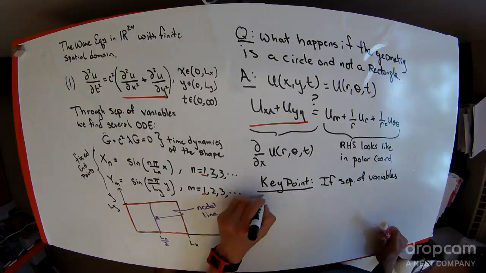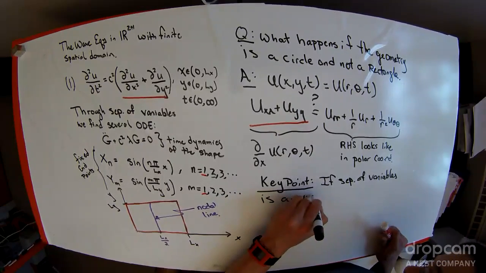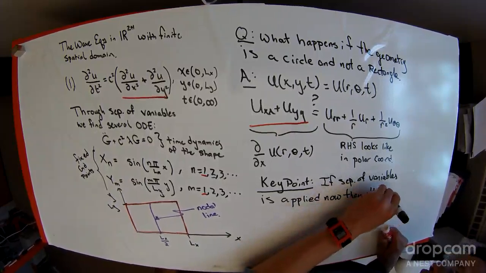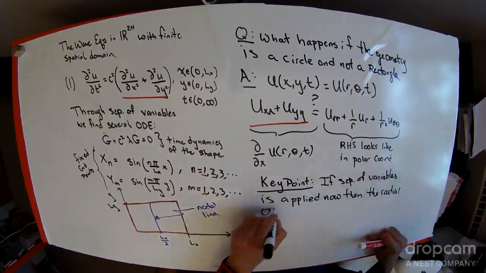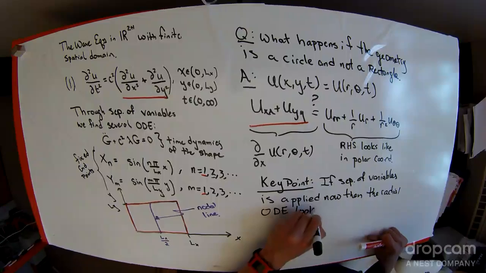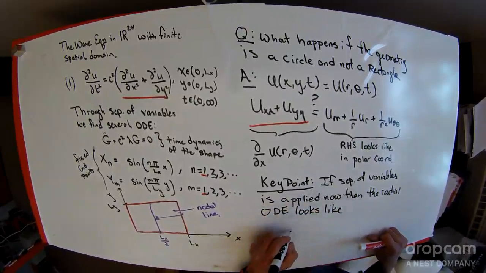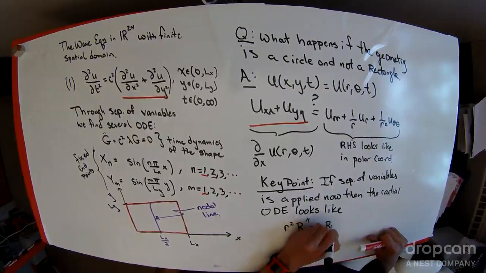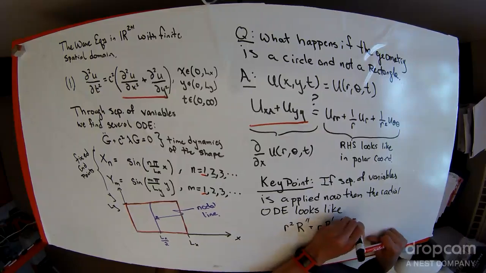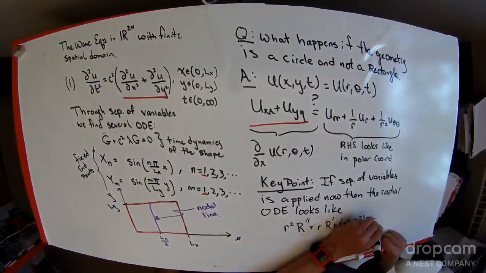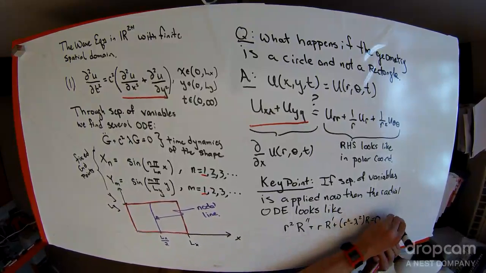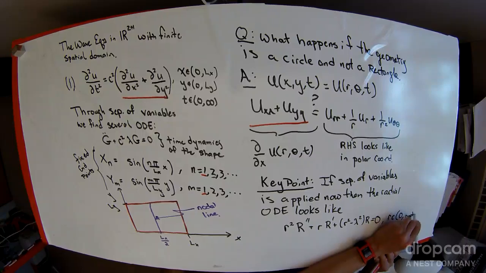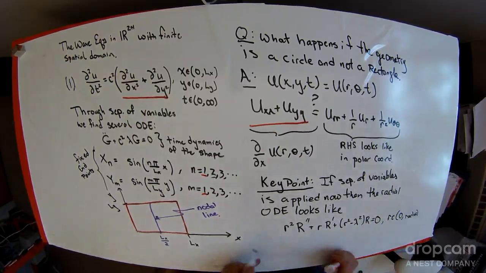If separation of variables is applied now, then the radial ODE looks like r squared times capital R double prime plus r times capital R prime plus (r squared minus lambda squared) times capital R is 0, where this little r goes from 0 to the radius of the circle.